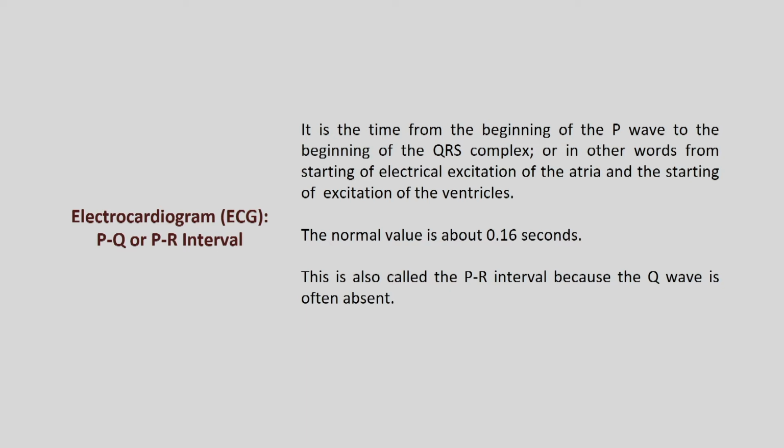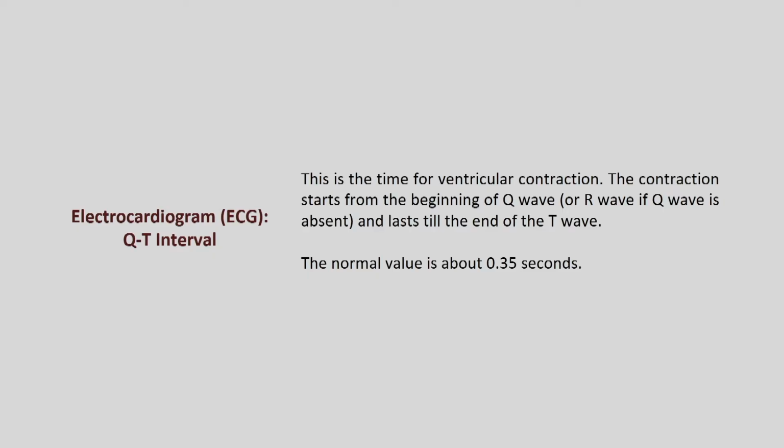Many times the Q wave is missing, so sometimes we call it the PQ interval and sometimes the PR interval, because many times Q is absent. Normally this value is 0.16 second. If there is a change, please look at why this change is there.